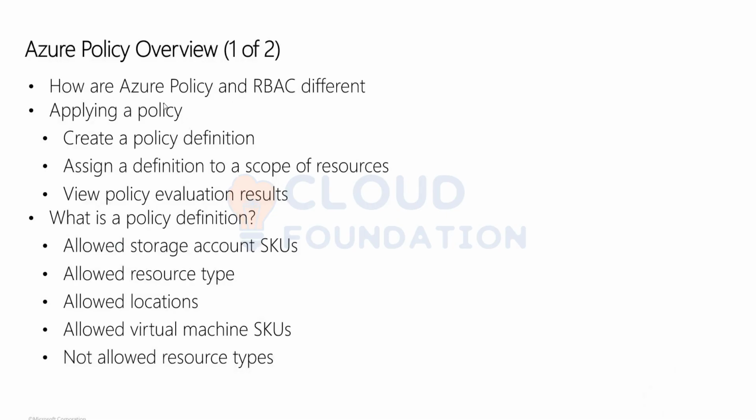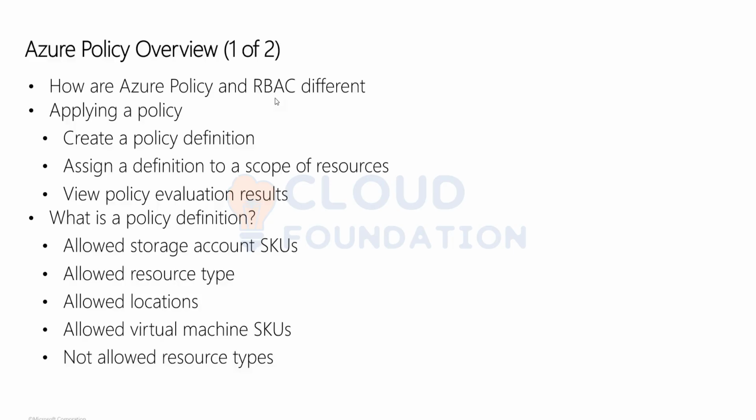First question is, how is Azure Policy different from RBAC? RBAC is about users. A given user will have what permissions on the resources below, right? You have to define the scope, and you have to define the permissions there.